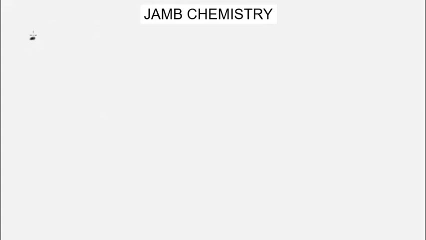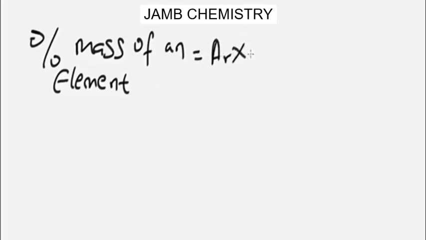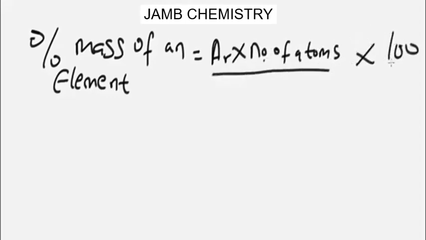All right, so the percentage by mass of an element in a compound equals the relative atomic mass of the element times the number of atoms of that element, times 100 over 1.